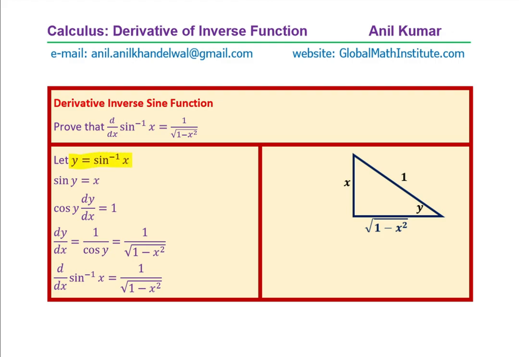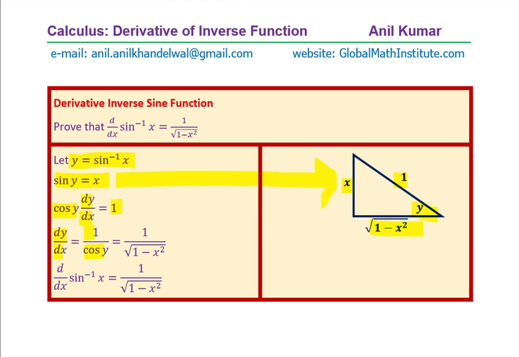Y is equal to sine inverse x. That means sine y is x, taking derivatives. Cos y dy dx is 1, dy dx isolated, 1 over cos y. And from the triangle, where we are representing sine y equals to x, if this angle is y, opposite side being x, hypotenuse being 1, adjacent will now become square root of 1 minus x squared.